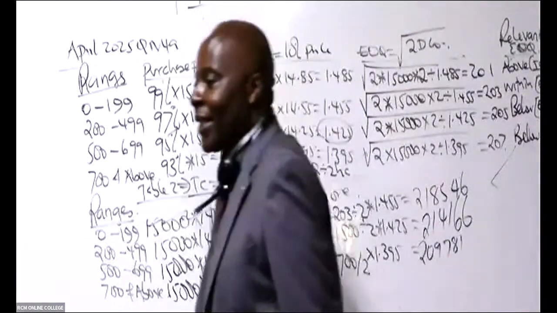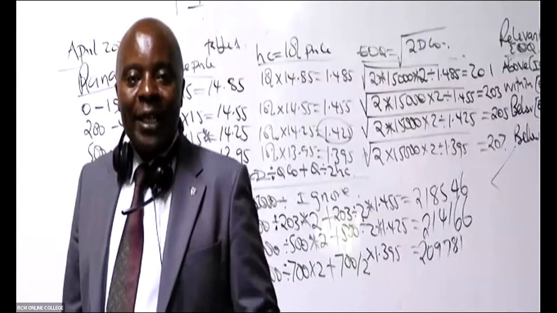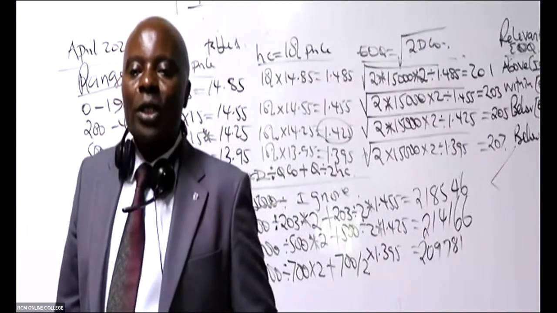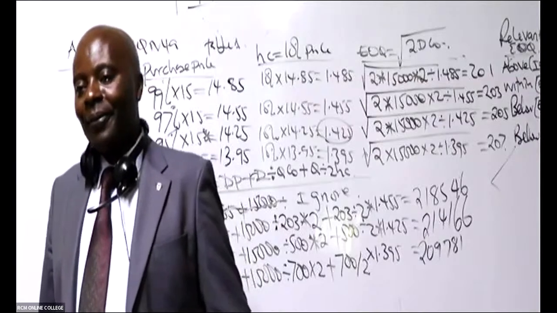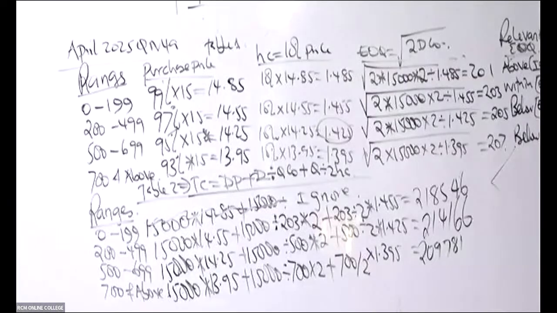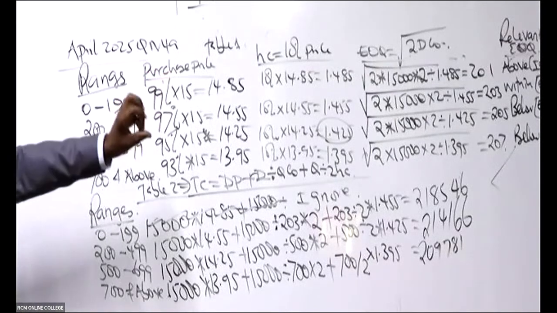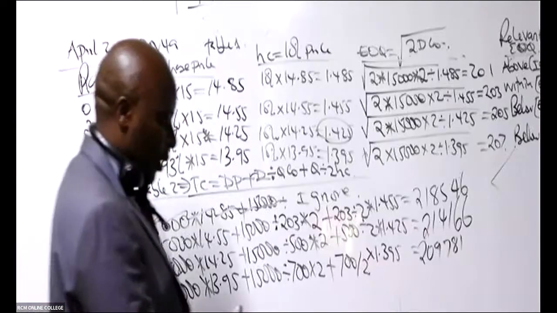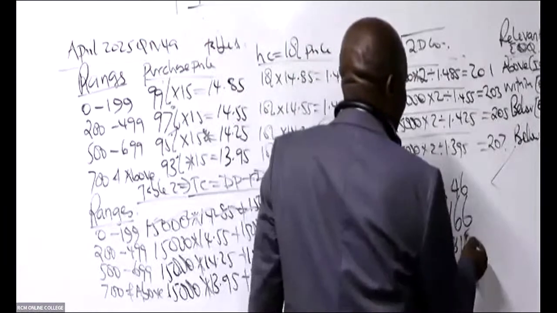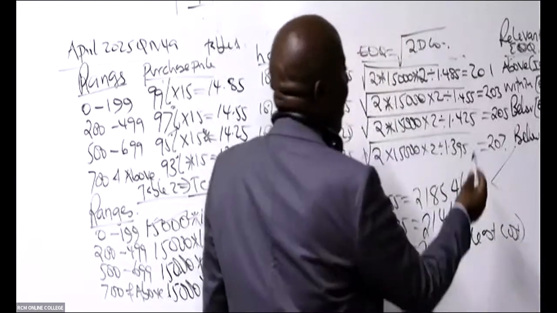So amongst the quantities that you have been able to evaluate their total cost, which one is the least cost quantity? What are you recommending in this case for these guys to buy? Remember, you have those relevant EOQs. So the one that has got this is the least cost, isn't it? This is the least cost. And therefore the company should buy how many units here?